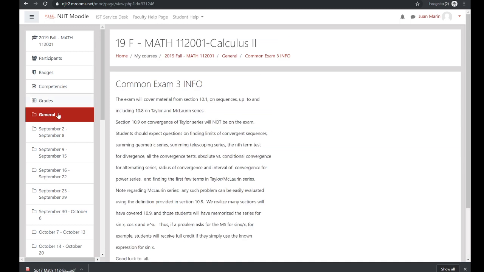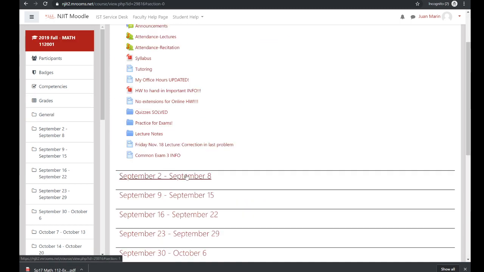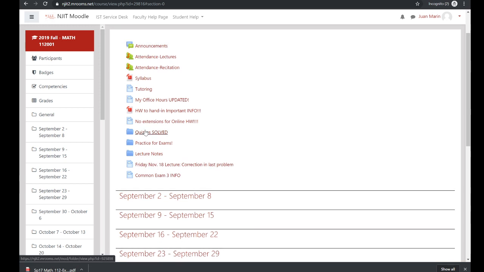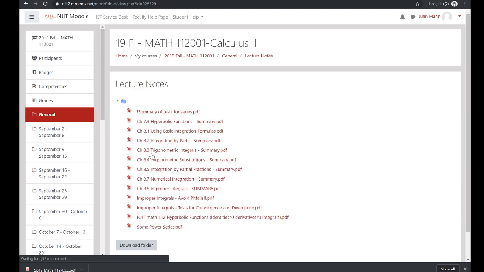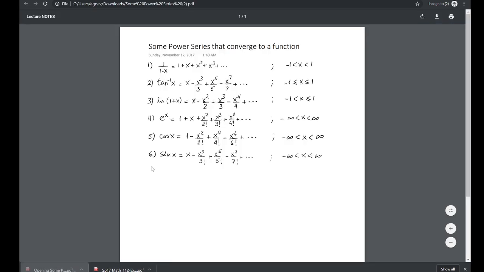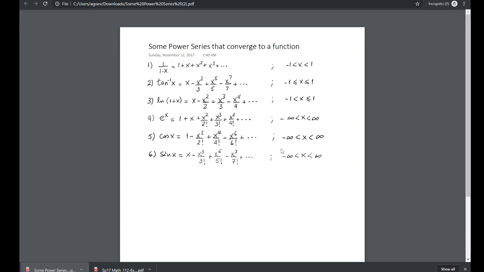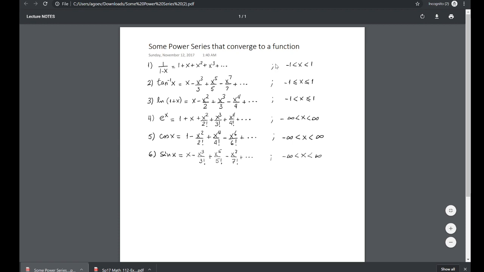If you know those, you can just write them out and use them for a substitution problem. Somewhere over here are some power series to memorize. If you memorize the 6 power series, you'll be fine. You can write them out and use them, so you don't have to start from scratch. Just keep that in mind.